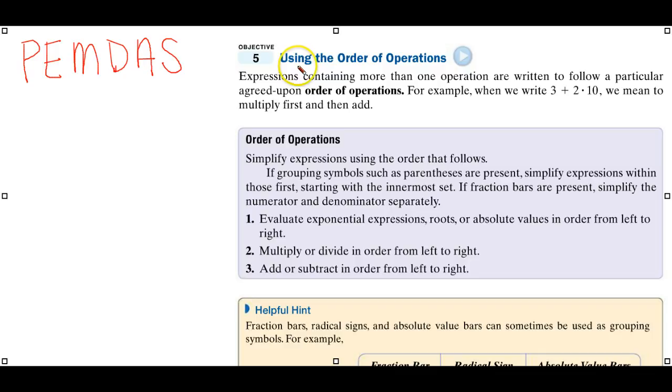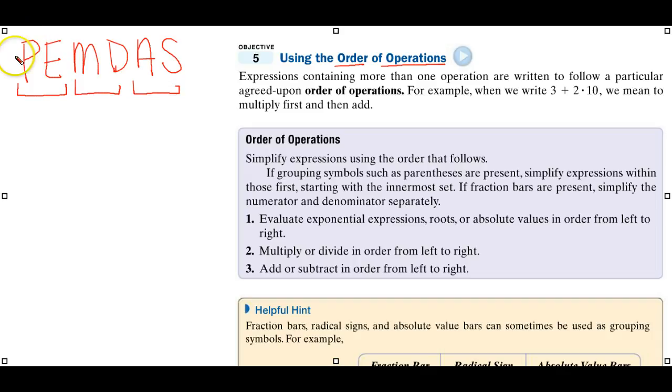Going in now to using the order of operations, you might recall this statement, "Please excuse my dear Aunt Sally." It's a way that when we are asked to compute something, we kind of group this in groups of two here.